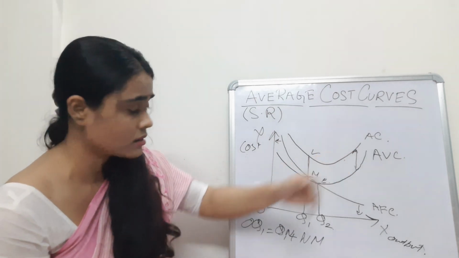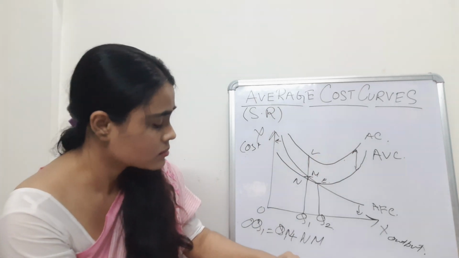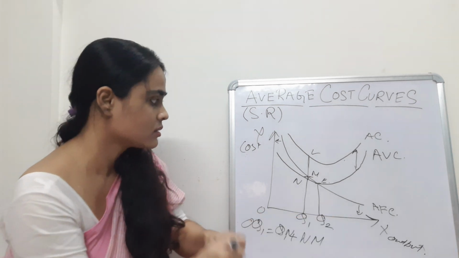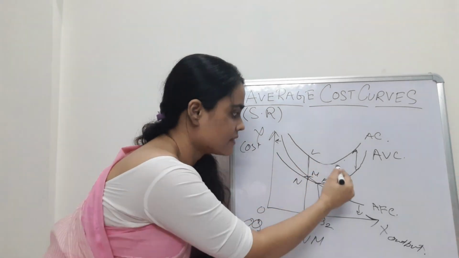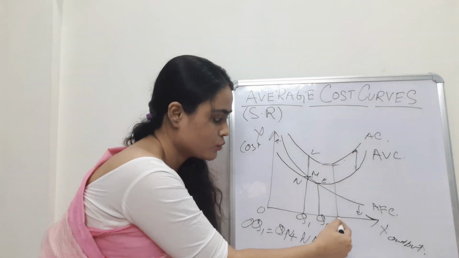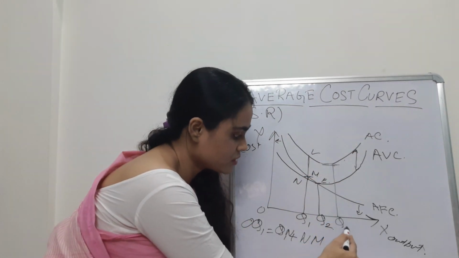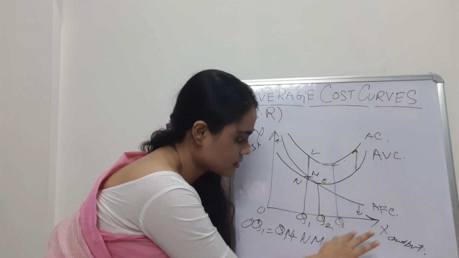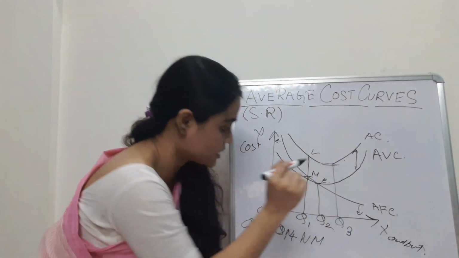It is decreasing as the output is increasing, and the minimum point of average cost will be at a position like this, let's denote it with Q3.